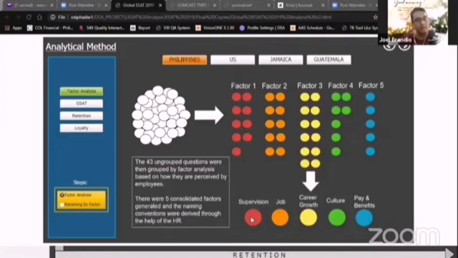In our case, we named it supervision. Factor 2, we named it job. Then 3, career growth, the culture, and pay and benefits as the new factors. So if we had 12 factors in the original groupings, now we only have 5. Compare the error, 12 versus 5. Okay? And in each of these factors, the dots there are the individual questions that are grouped together.